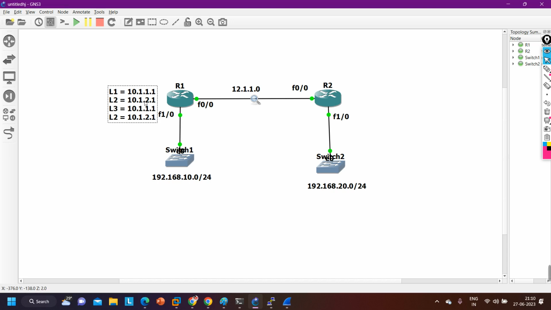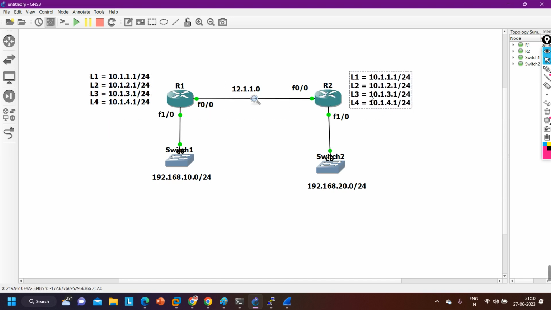Let me correct it: loopback 3, loopback 4, with IP addresses 3 and 4, all with /24. And on router 2 also I am going to advertise some networks.